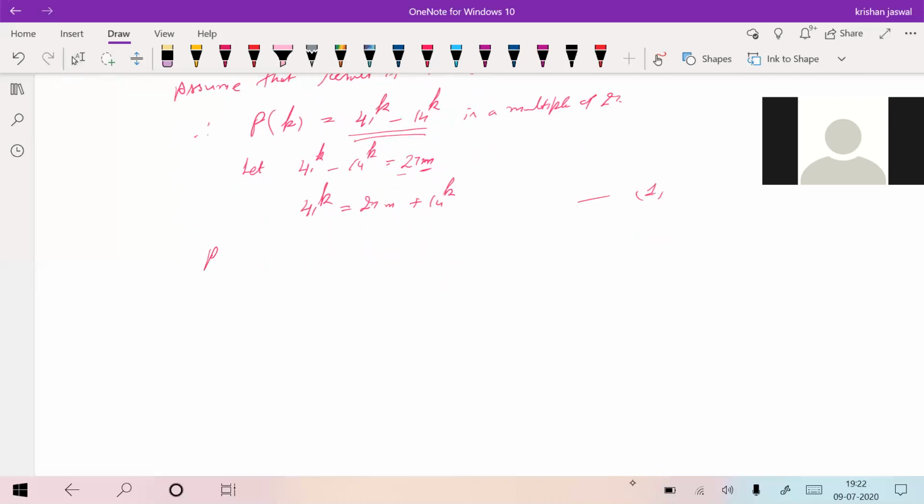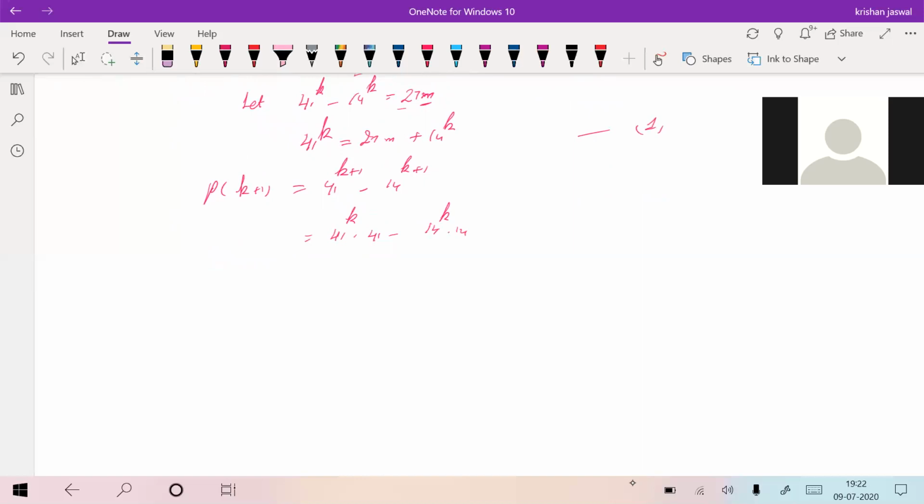Now Pk plus 1 is equal to 41 power k plus 1 minus 14 power k plus 1. 41 power k plus 1 we can write as 41 power k into 41, and 14 power k plus 1 as 14 power k into 14.